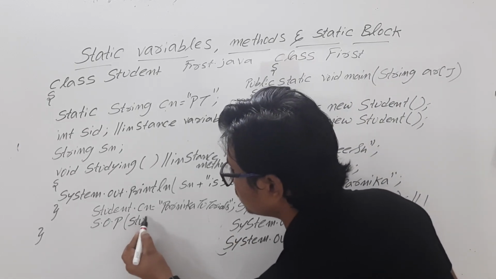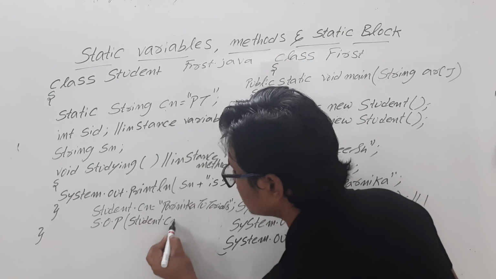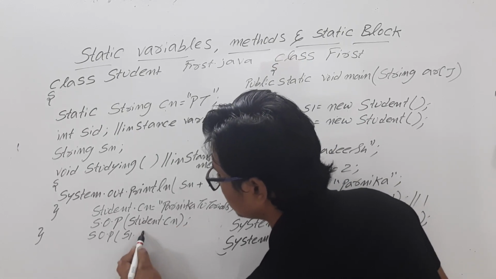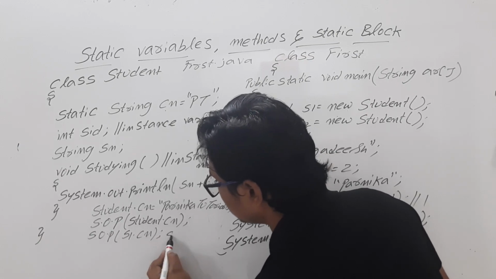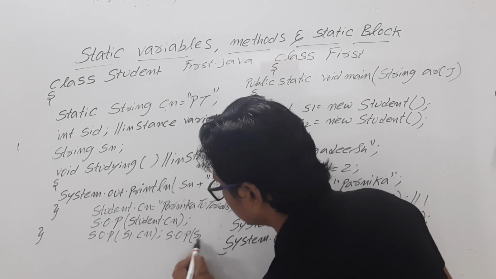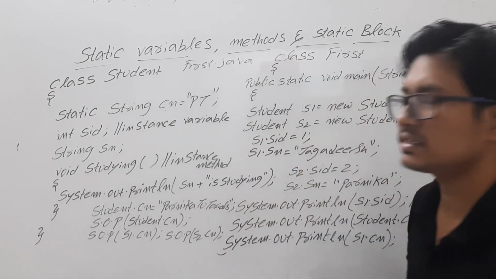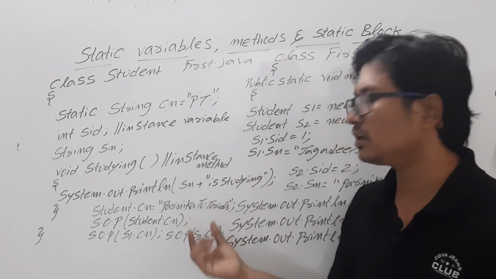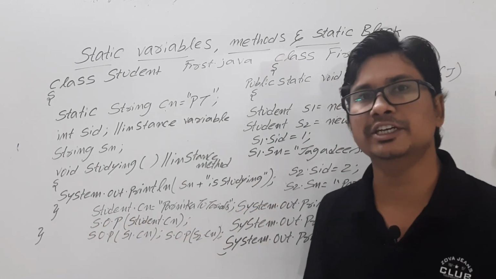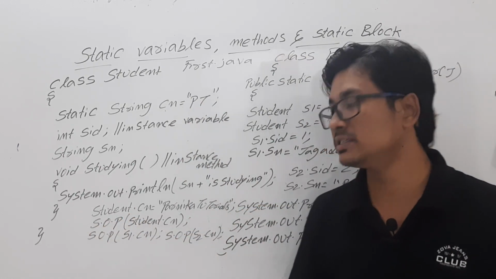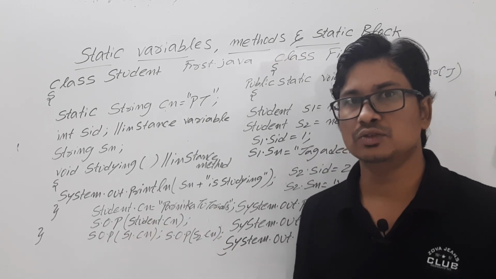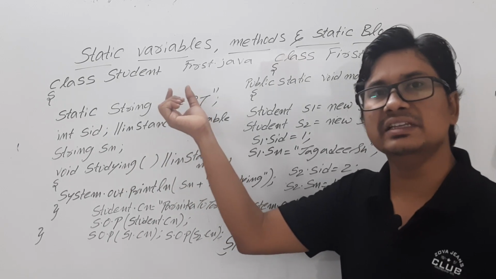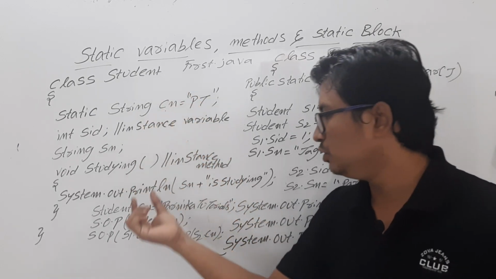If I write Student.cn, similarly System.out.println s1.cn, similarly System.out.println s2.cn. In all these cases, as the value is changed from pt to Parnika tutorials, in all these three statements you will get the output as Parnika tutorials. So you can change the value which is there in the static variable called cn using the class name.